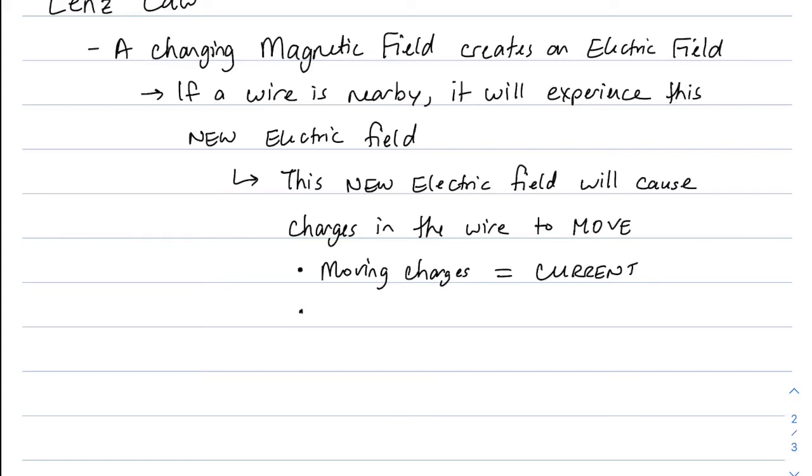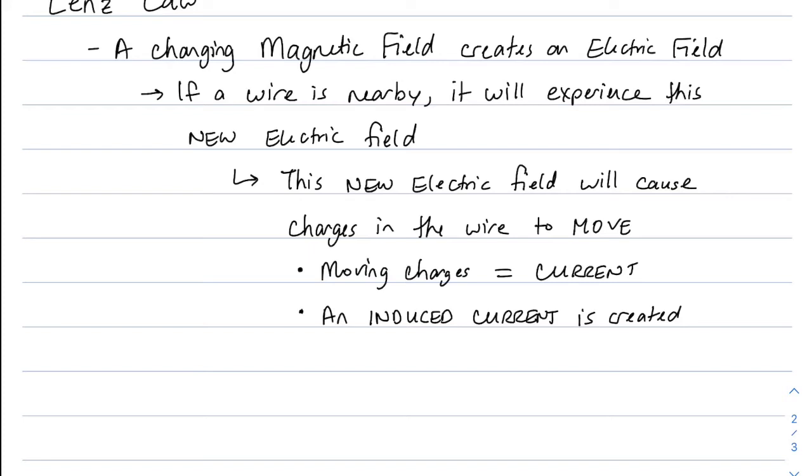And so an induced current is created. And oftentimes we associate this induced current with this induced EMF. In actuality, the current is what's induced, not a voltage or an EMF.